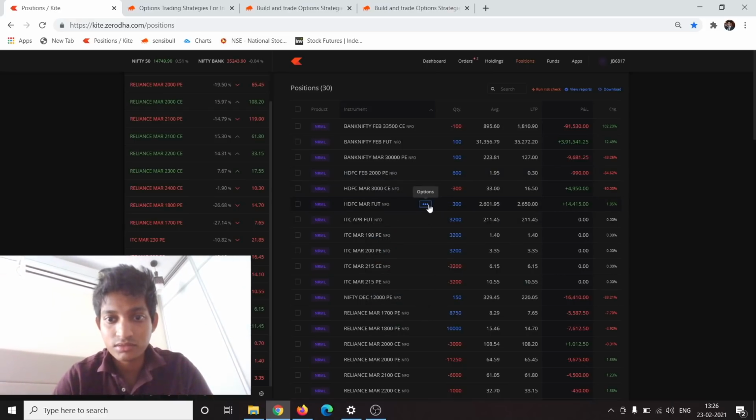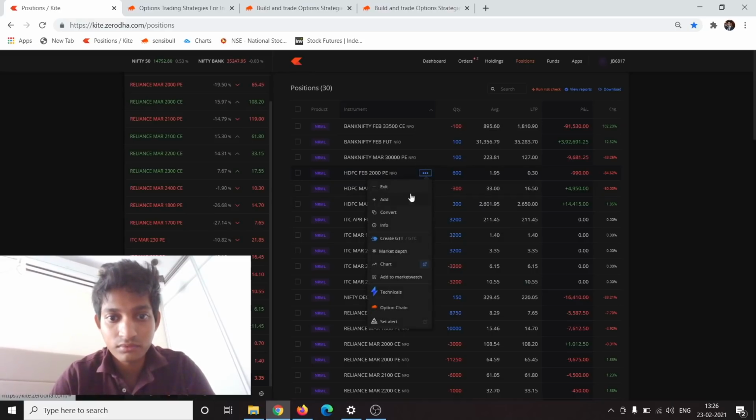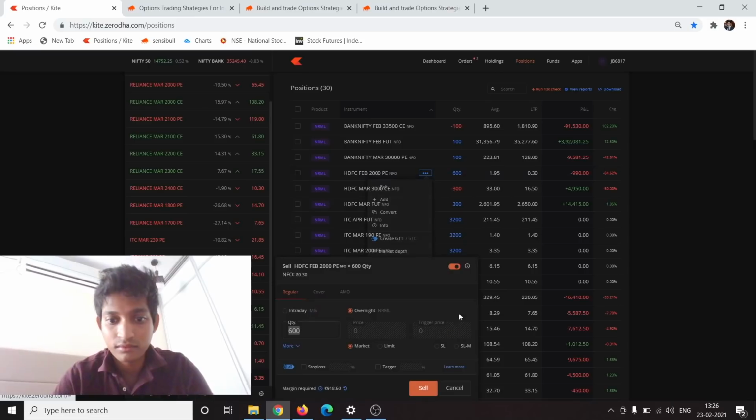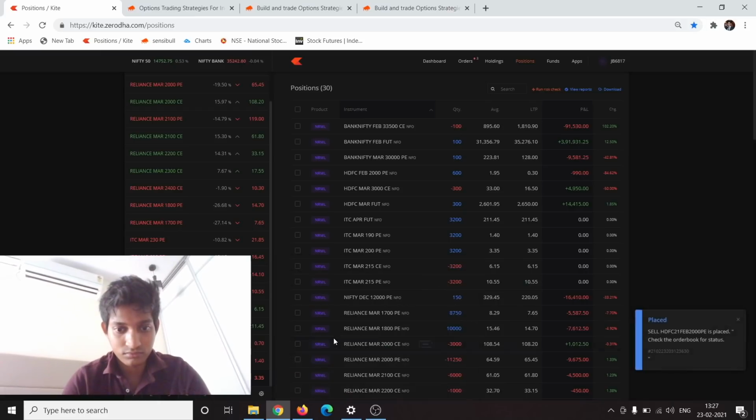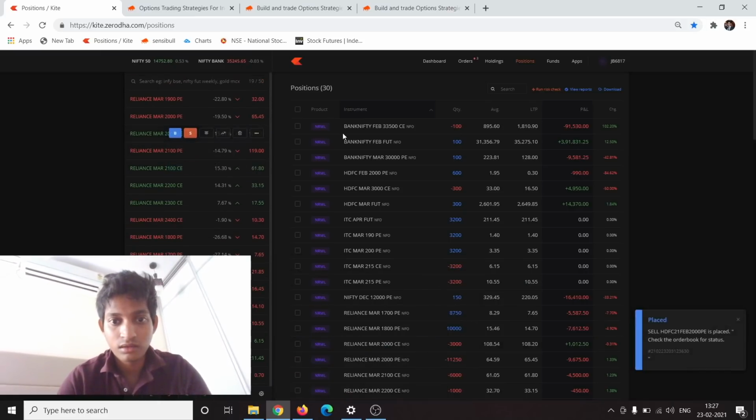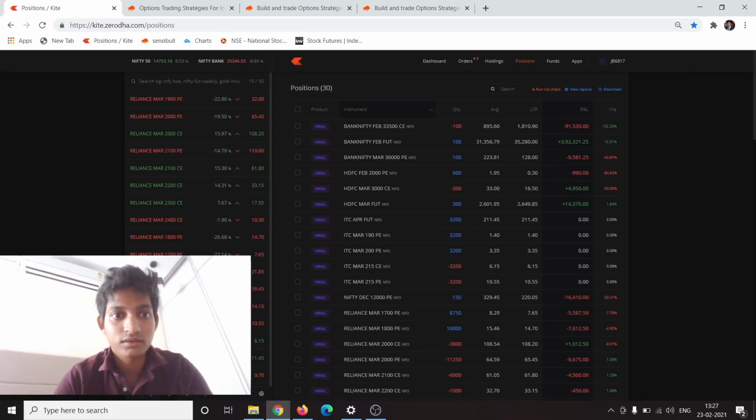HDFC March future needs to be rolled over as well. But we'll do that. It's in March, so we don't have to do anything. These long puts, we can exit. And we can buy one put to cover the future.